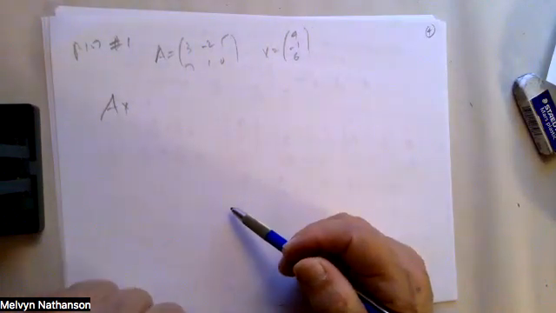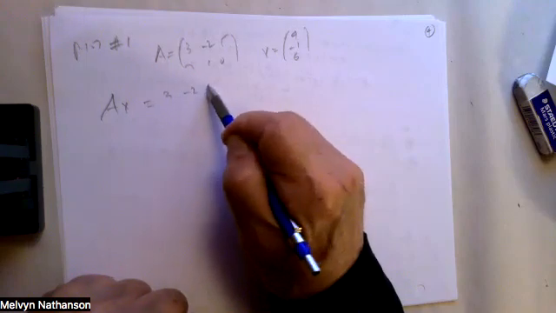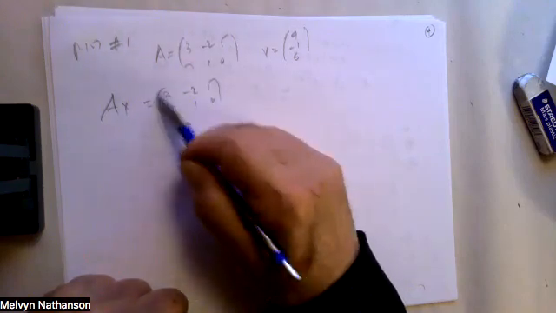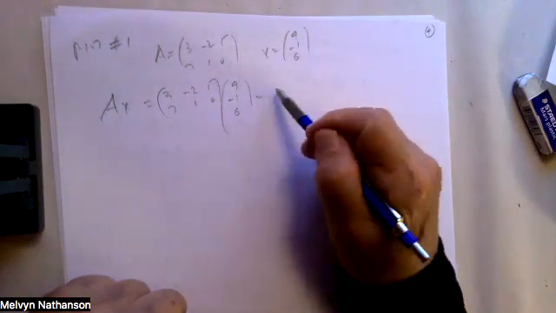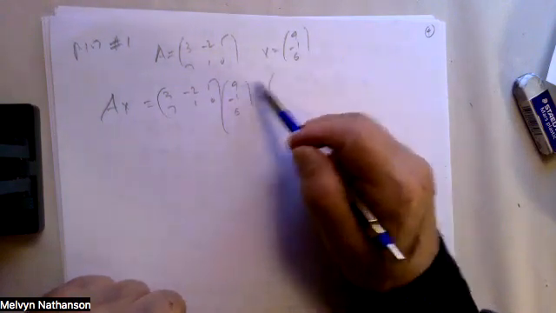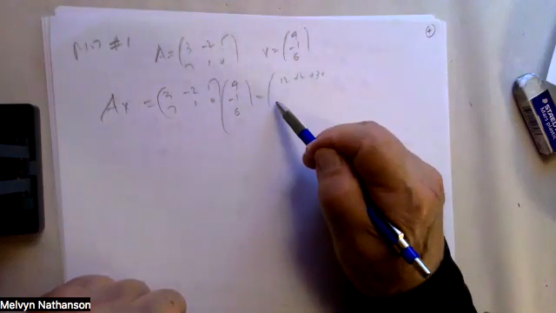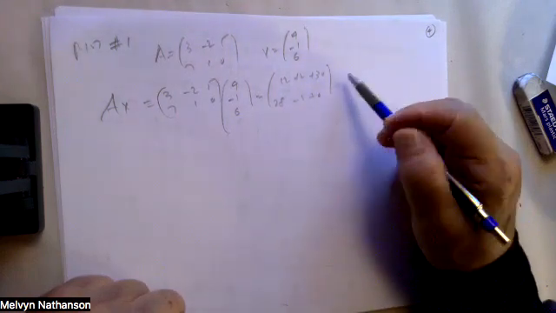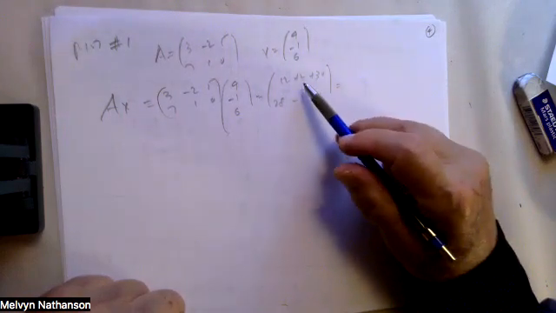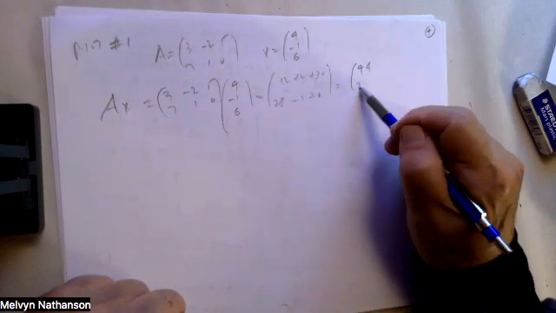We compute A times X. So that's [3, -2, 5; 7, 1, 0] times (4, -1, 6). So I get 12 plus 2 plus 30, 28 minus 1 plus 0. So this is 44, 27.